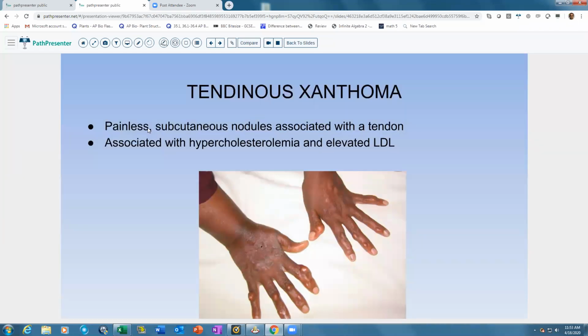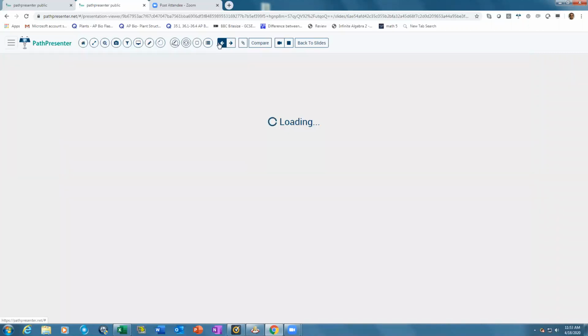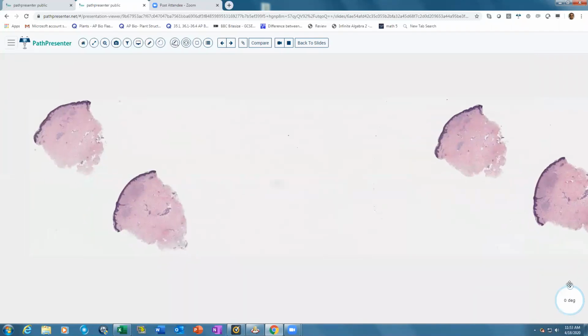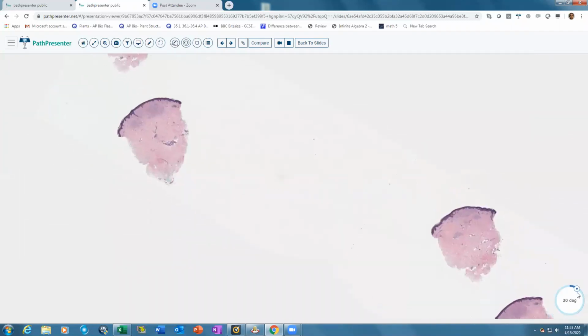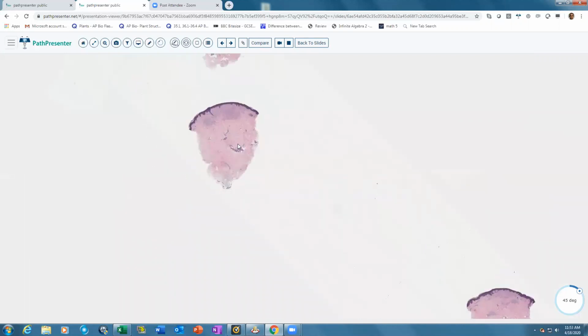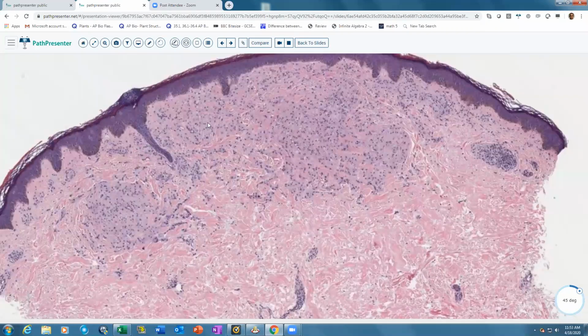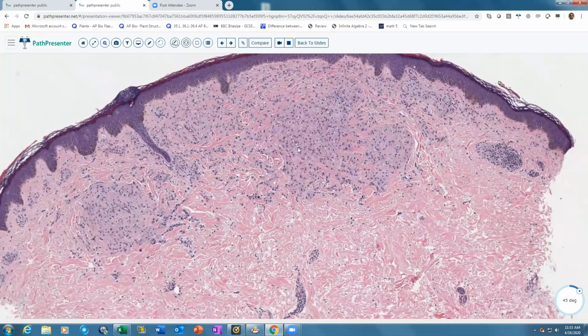Tendinous xanthomas present as painless subcutaneous nodules associated with the tendon. Again, they are associated with hypercholesterolemia and elevated low-density lipoproteins. Histologically, there is not much to say because these are again a collection of xanthomatous cells. You might see some admixed lymphocytes and other kinds of cells like eosinophils, but characteristically they tend to be just xanthomatous cells.